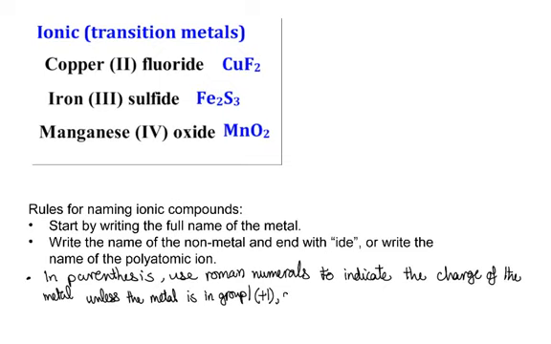Group 2, because if it's in group 2, we always know that it's +2. It's never going to be a different charge. Or aluminum, zinc, or silver.